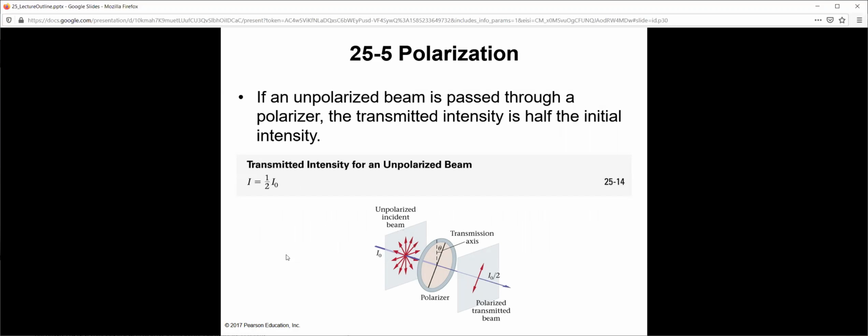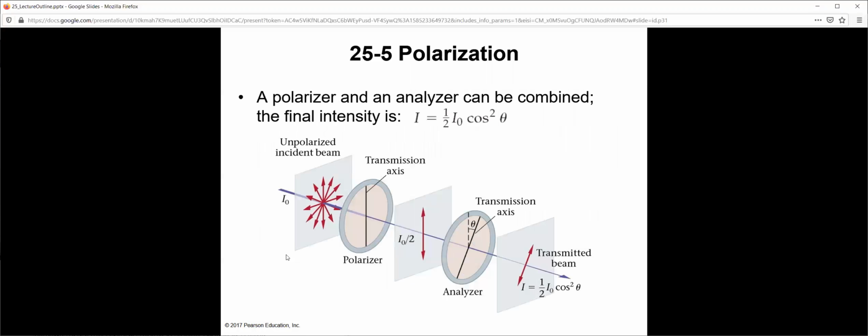An unpolarized beam will pass through the polarizer, and the transmitted intensity will be less than the initial, usually half, as shown by this example down here. And we can take a polarizer and an analyzer, shown here, to provide you with a final transmitted beam that is an exact intensity given by the transmission axis of the analyzer and the transmission axis of the polarizer.